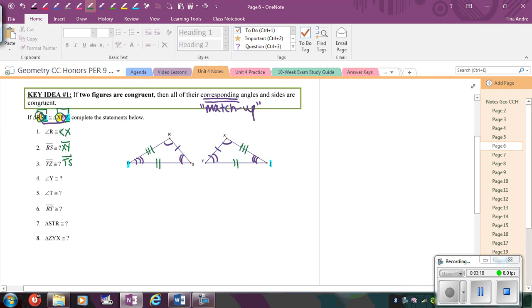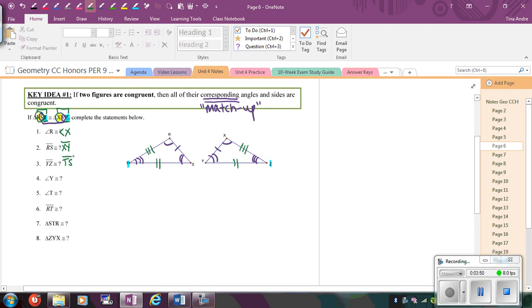Notice when I talk about the segments, I don't really have to worry about the letters matching up because the segments are the same. But when you talk about the congruent triangles, you have to make sure that if R and X are in the same position, they match up in the statement. Look here at YZ: I went from Y to Z, but up top it goes middle to last, so it really should have been S and T. But if I say TS, it's still correct.